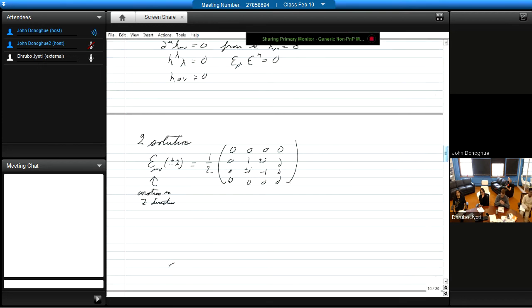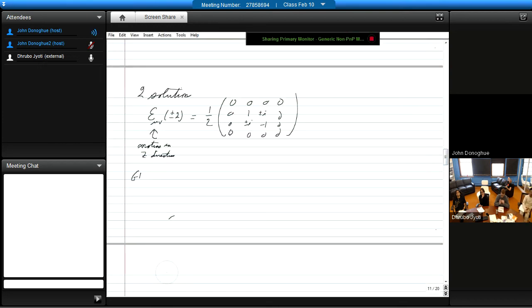Okay, if you went to a GR book, you'd see something different. GR most often has these things in terms of plus and cross waves. And if you go to a gravity wave talk, you'll see these things. It's somewhat similar, but 0 all around here, and it's a plus, minus a plus, a cross, minus a cross on the diagonal.